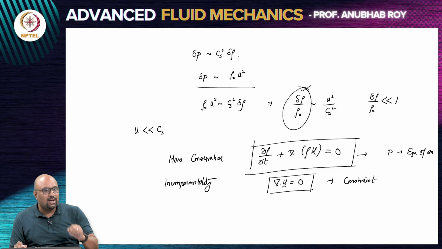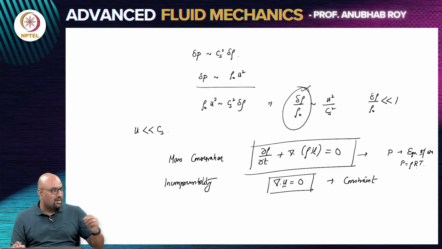Think of the example of an ideal gas, P equals rho RT, rho being the density, T being the temperature in Kelvin, and R being the normalized absolute gas constant. Given the value of density, you have a corresponding value of pressure, and then you plug that value of pressure into your momentum equations.